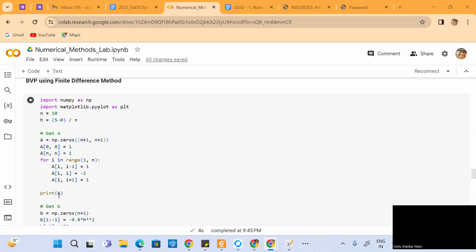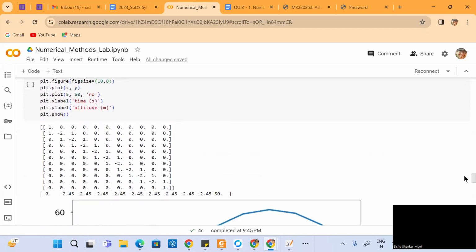I am printing A to show how it looks. Except for the first and the last, which are the boundary conditions, all other elements of the diagonal are -2. One above the diagonal is 1, and one below the diagonal is 1. So this is the A matrix.